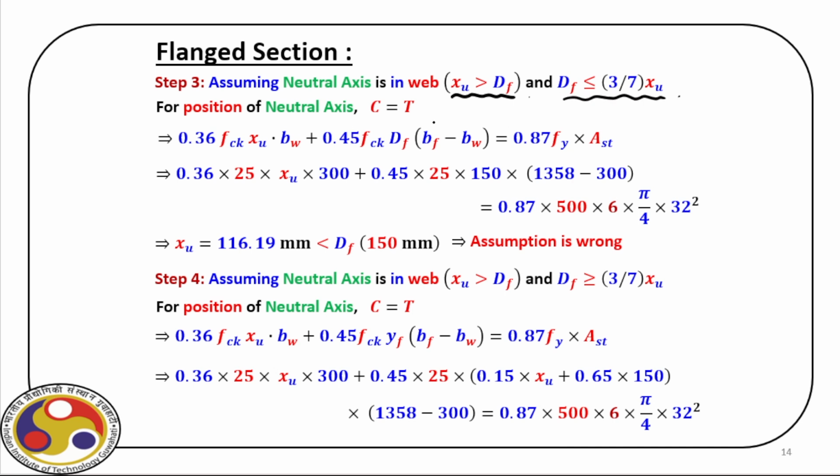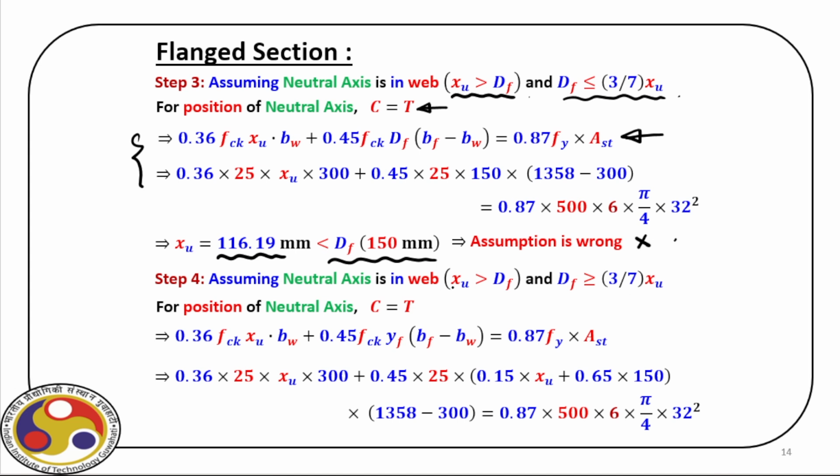If that is the case, then again we balance C with T, and then we ultimately find the depth XU, which is here. Of course, all of you can follow these two steps. We have derived this expression just a few minutes back. So what we get, XU is 116.19 millimeter. Obviously, this is less than 150. So this assumption is again wrong.